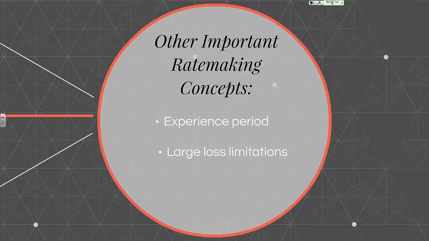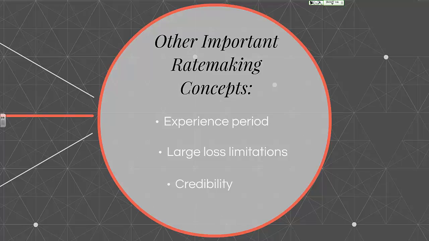That doesn't mean that a non-coastal property owner should pay the same rate as a coastal property owner, but to some degree, large losses, catastrophic losses, are spread over a broader portion of the pool. You've heard me discuss the CAT load or catastrophe load before. This would fall under the category of a large loss limitation, and a catastrophe load is added separately.